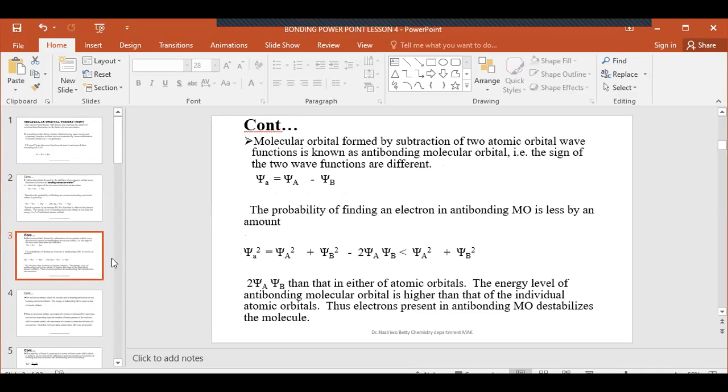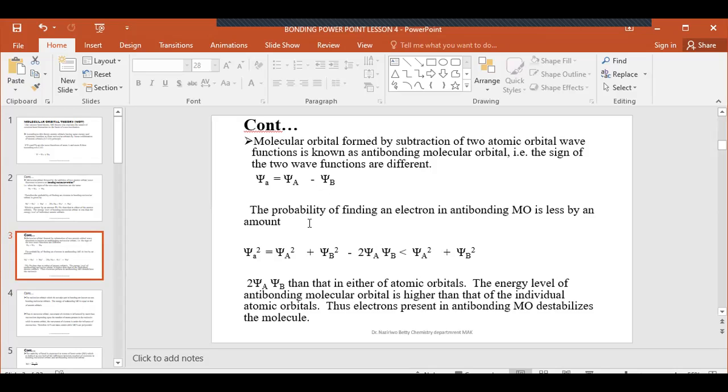Another point is the molecular orbital formed by subtraction of the two atomic orbital wave functions is known as the antibonding molecular orbital. That is, the signs of the two wave functions are different. One atom is positive, another one is negative.